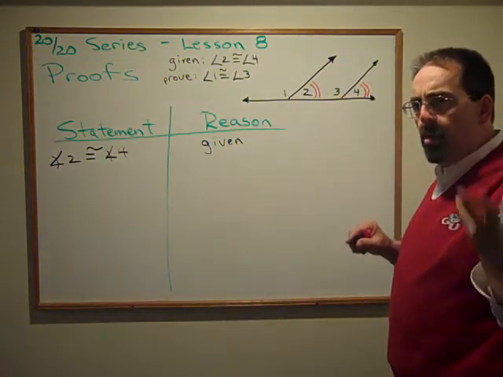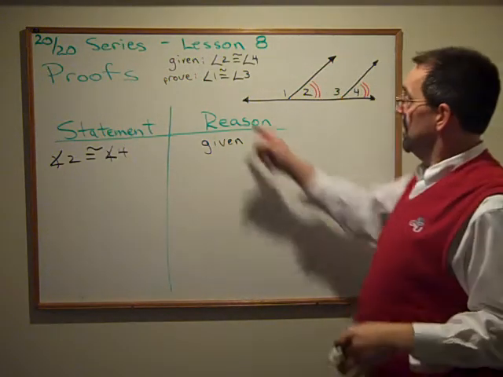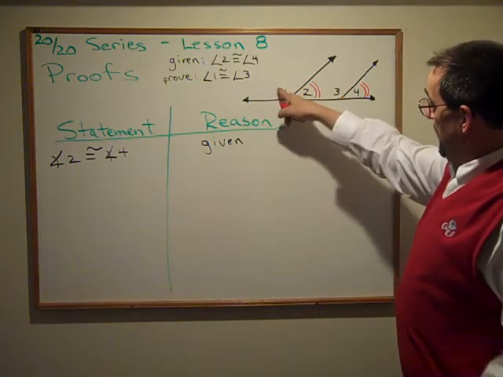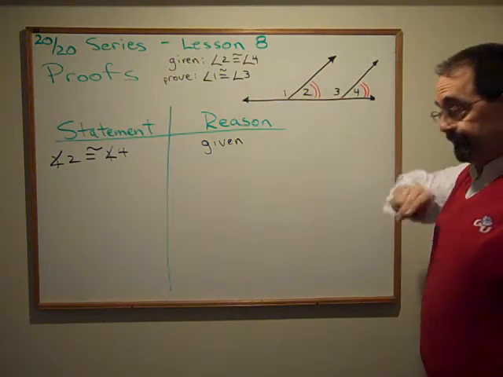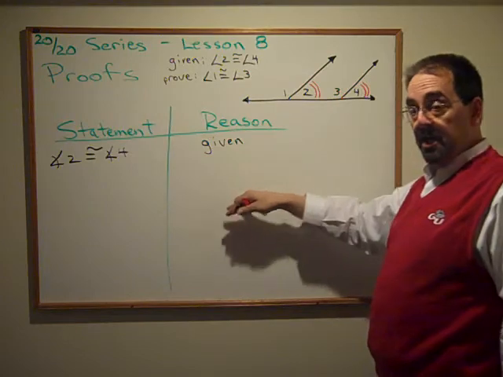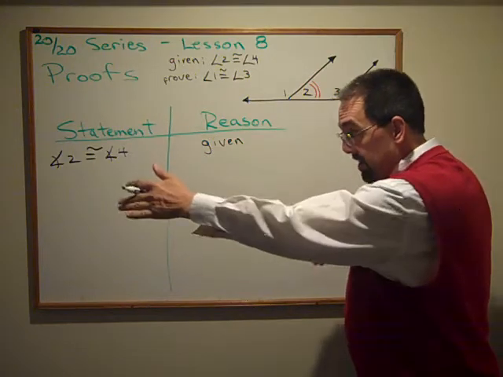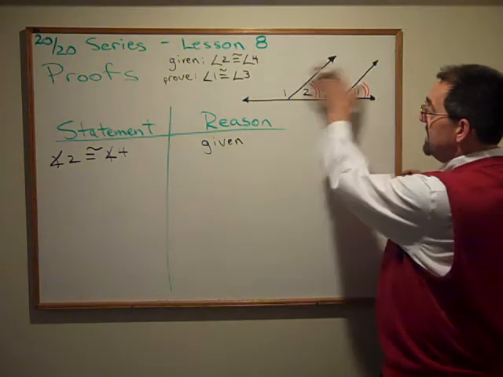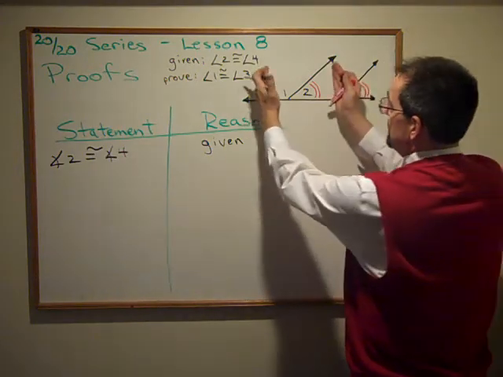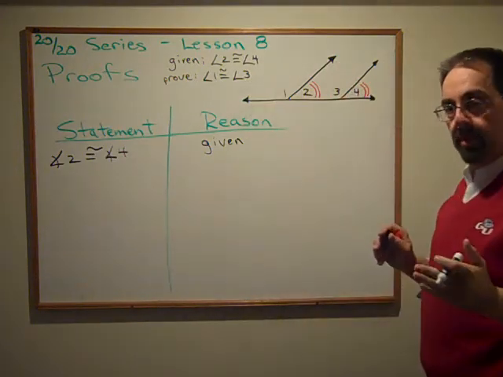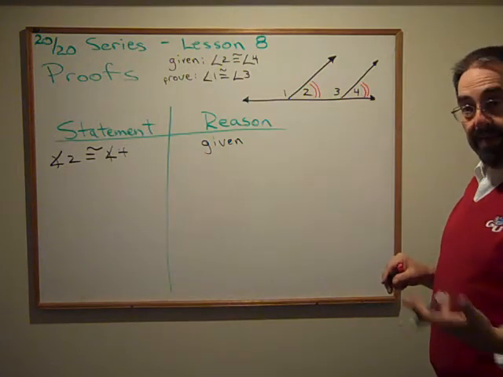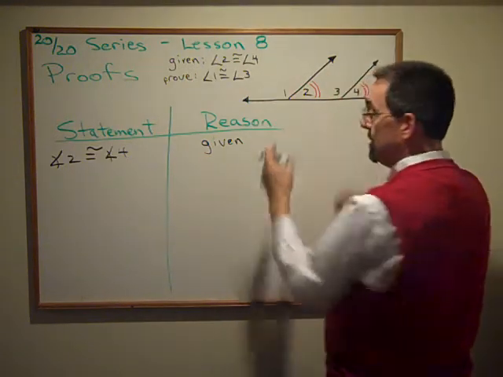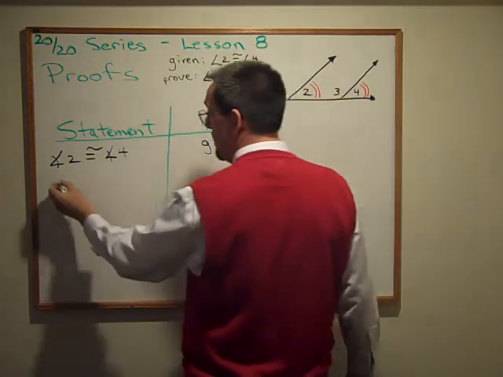Now, let's study where we want to go. We want to prove that 1 is equal to 3. Got to come up with some steps, like a little road, trail, leading to 1 equals 3. As I look at this diagram, let's just look at angles 1 and 2. Do you see that they're supplementary? They add up to 180. Let's write that as our next statement.